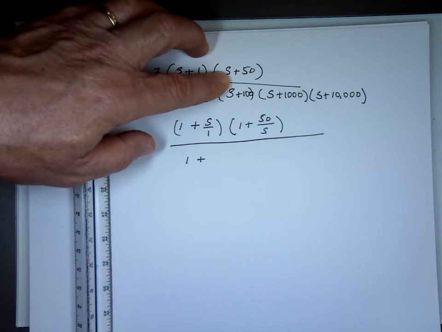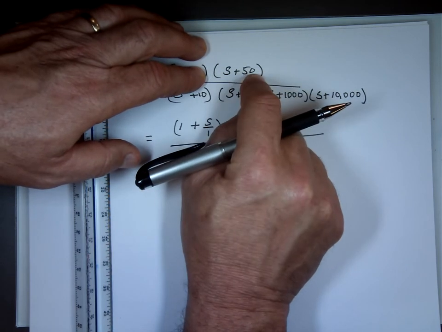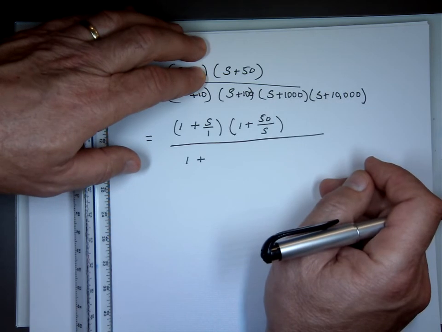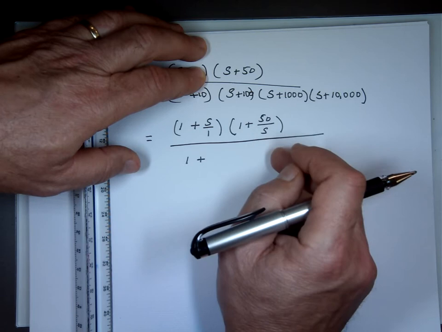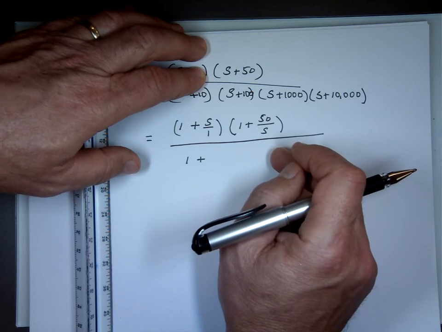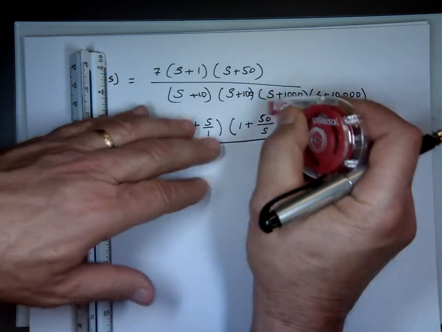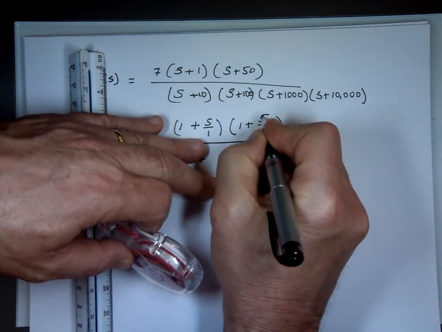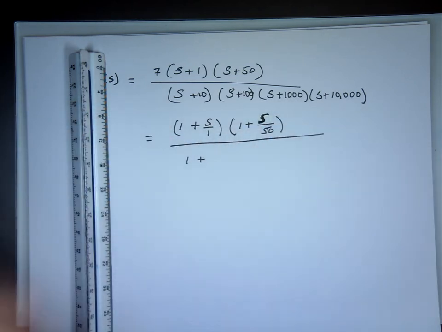If you divide every one of these by 50, it's not the same one. Actually this one should be S over 50. That's S. 1 plus S over 50. I divided each one by 50.